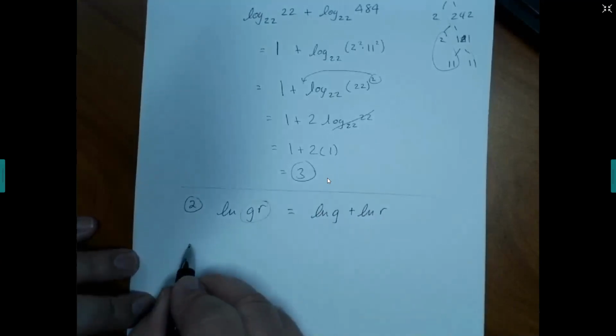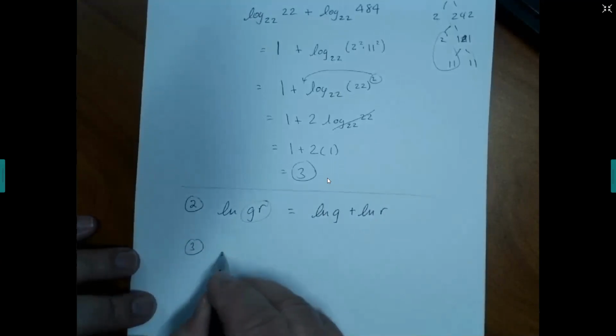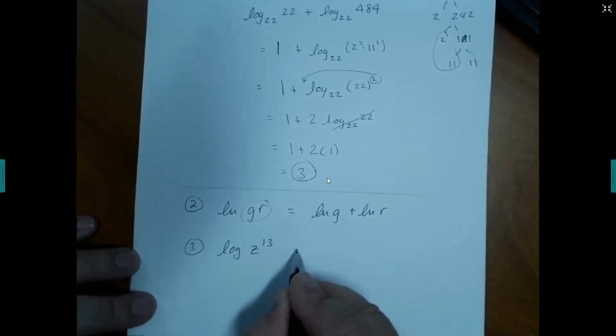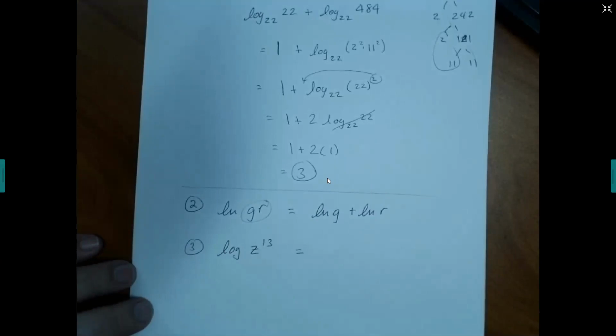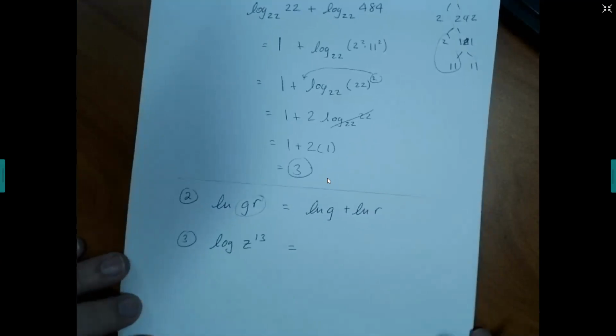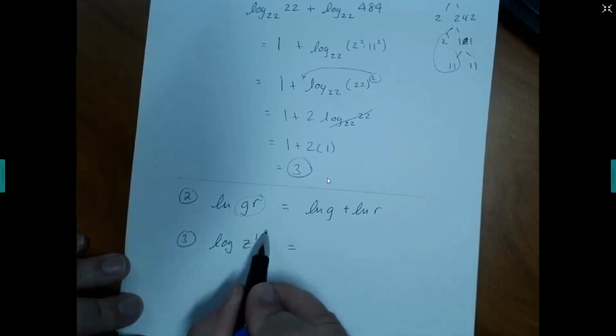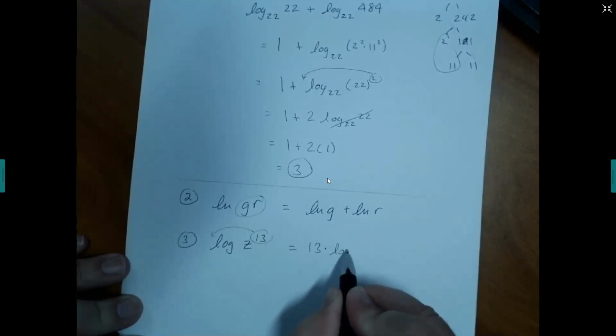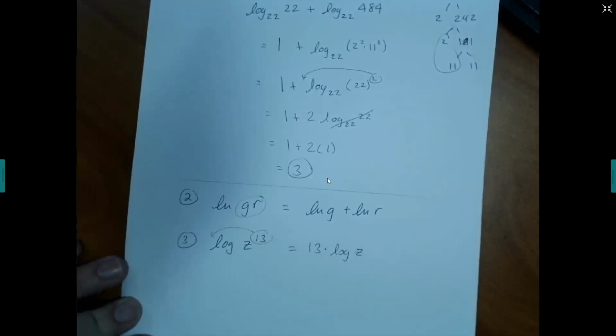There's your answer. Next, log of z to the 13. Yeah, 13 goes out front, so it's 13 times log z, and that's as far as you can go.